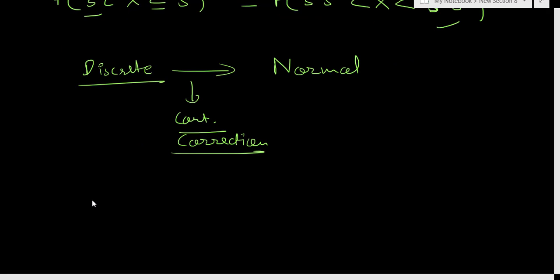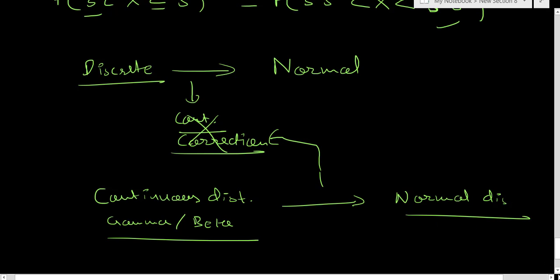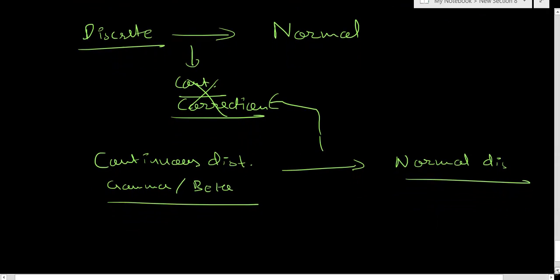The most important thing to note is that if I have a continuous distribution such as a gamma or a beta distribution, and I want to approximate the probabilities using a normal distribution, I do not need continuity correction. It is not applicable, because this is already a continuous distribution, and the normal distribution is also a continuous distribution, so no continuity correction is required.